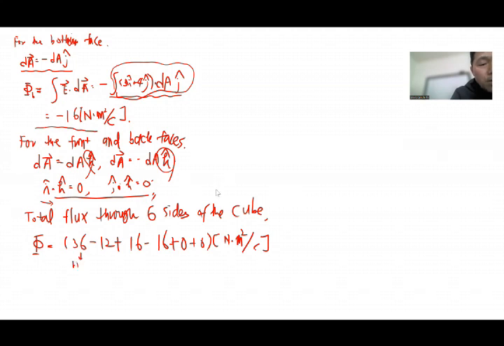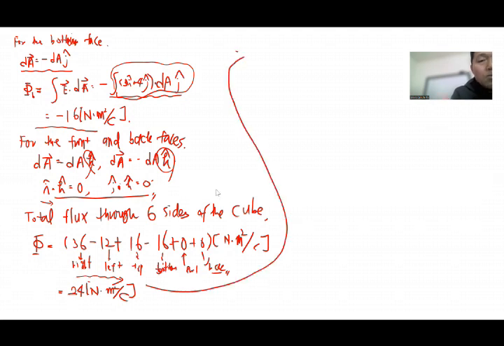This is the left, this is top, this is bottom, and this one is front, this one is back. So all 6 sides of this cube are calculated based on the definition of electric flux. From that, the total flux out of this Gaussian cube surface is 24 newton meter squared per coulomb.